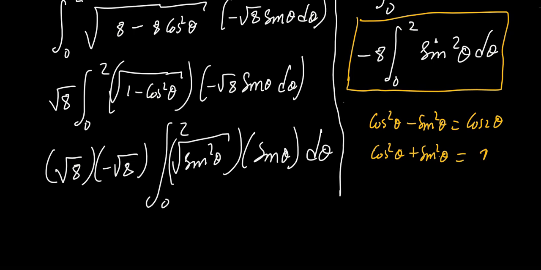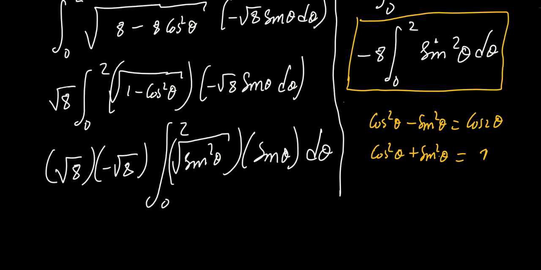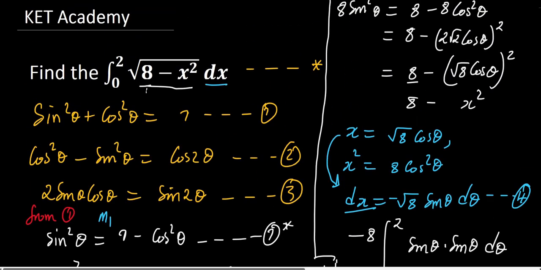We want to substitute sine squared theta, right? So from this equation, we see here that cos squared theta is the same as 1 minus sine squared theta, just like what we saw from above here.